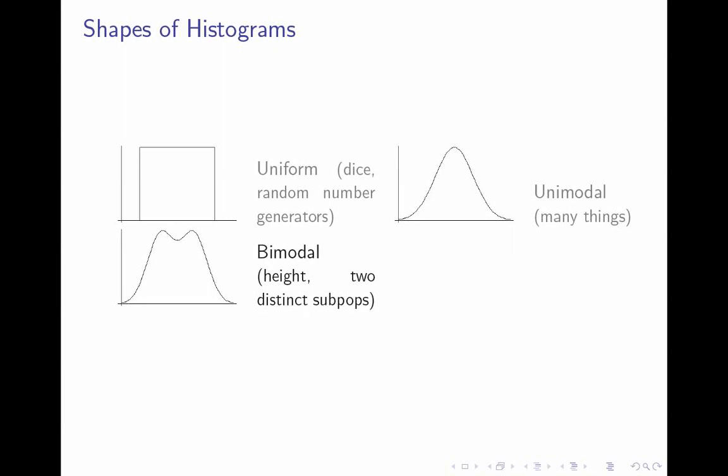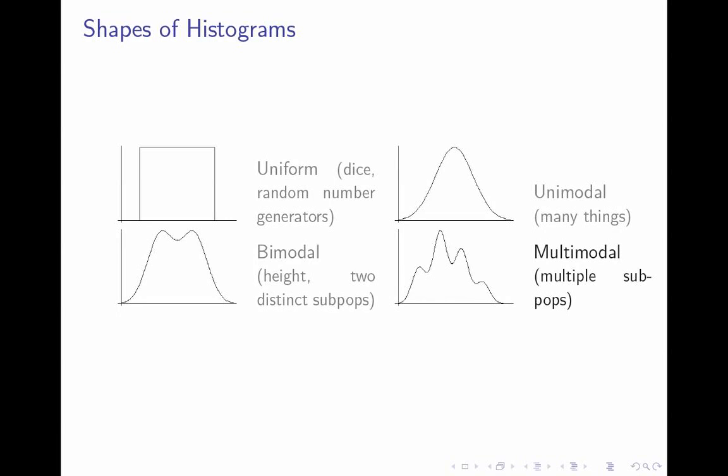But it's a wobble that might disappear if you change the bin sizes, or might disappear if you just had a little bit larger sample. And we will generally only call it bimodal if the up and down involves enough individuals that it seems clear it wasn't happening by chance. That's a fuzzy distinction, but one we will need to pay attention to.